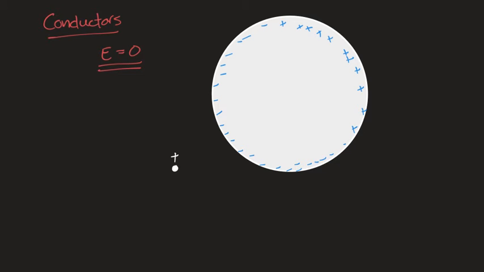Now, I have to say this before you leave. The red line represents the electric field from my point charge. The green line is the electric field created by this induced charge. It goes from positive to negative.